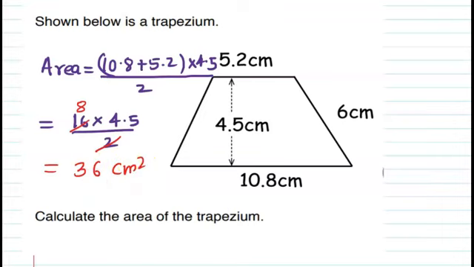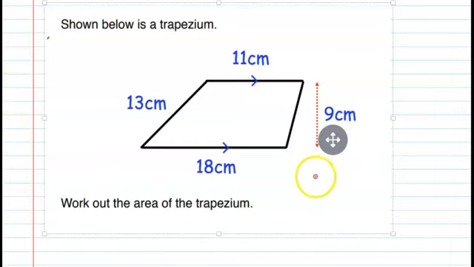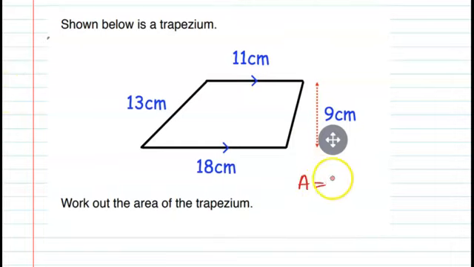Is that okay? So this question is your practice question. Please work it out in your exercise book or whiteboard and just let me know what your answer is. Okay, Matt, tell me, what will be your first step to find the area? 18 plus 11. Thank you. Then times 9. Thank you. Then divided by 2.